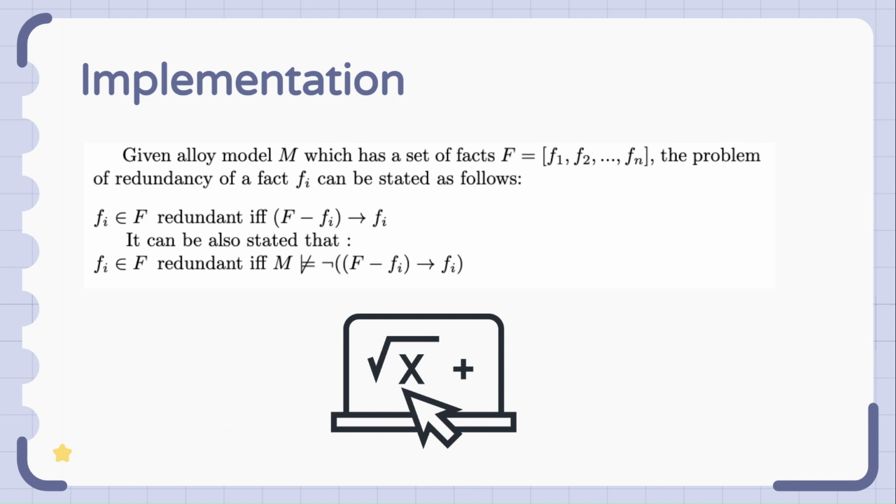For the implementation part, we implement our tools based on this formula. So we state that the fact is redundant if all other facts without that fact imply that fact, and it can also be stated that the model will not be satisfied if the negate of the statement we say above.